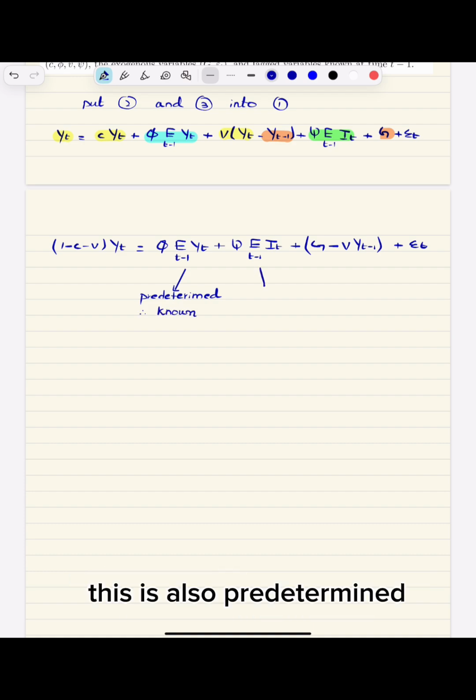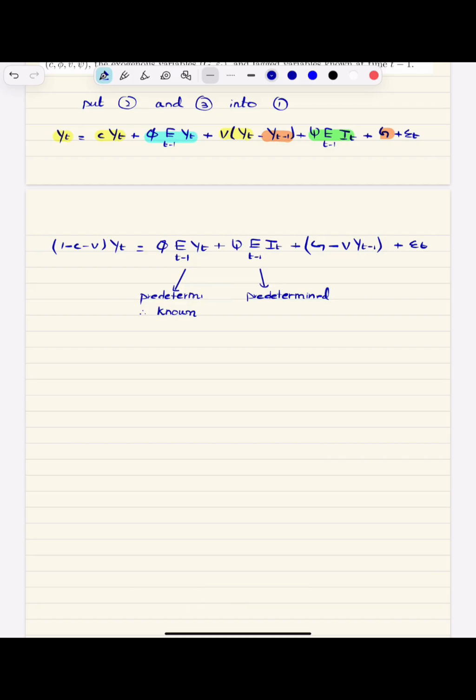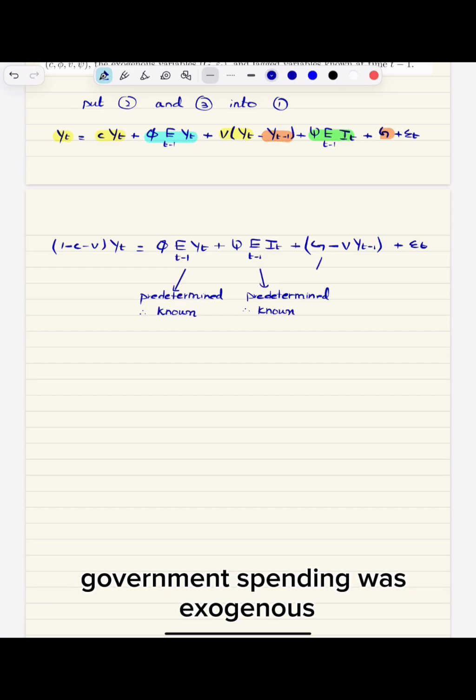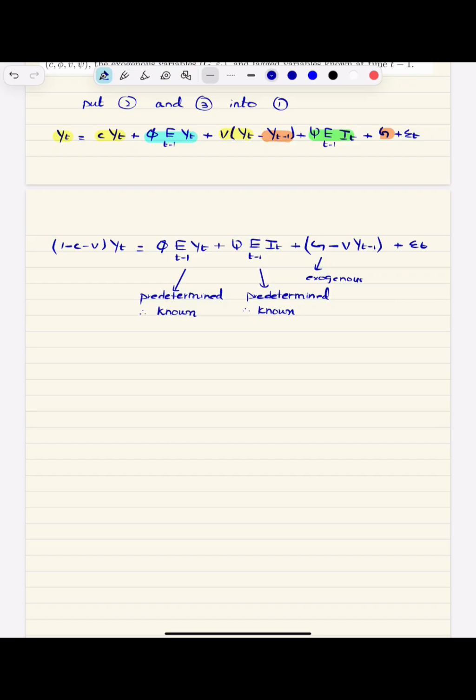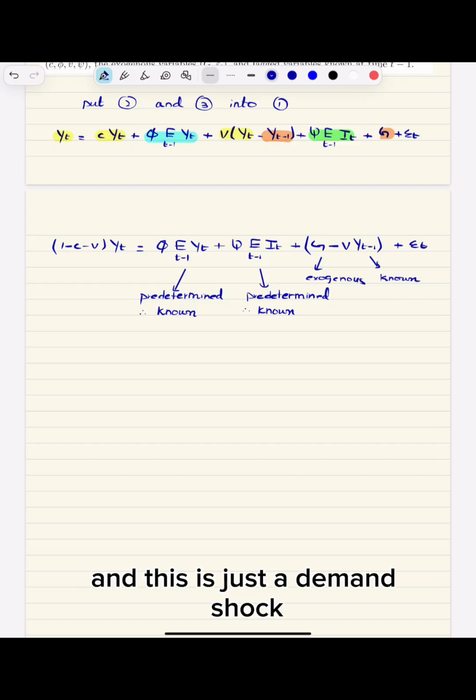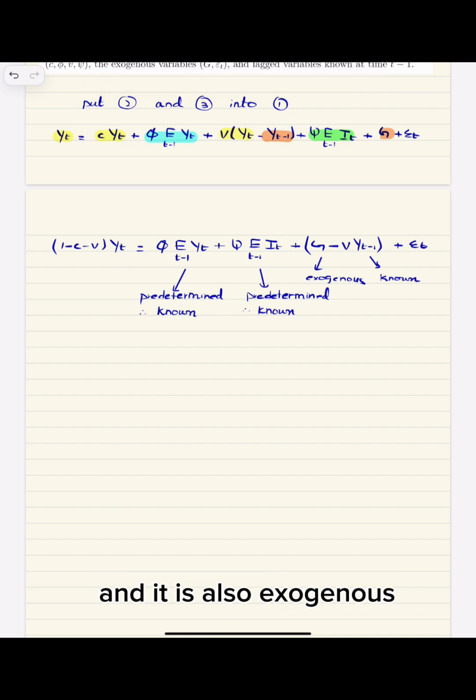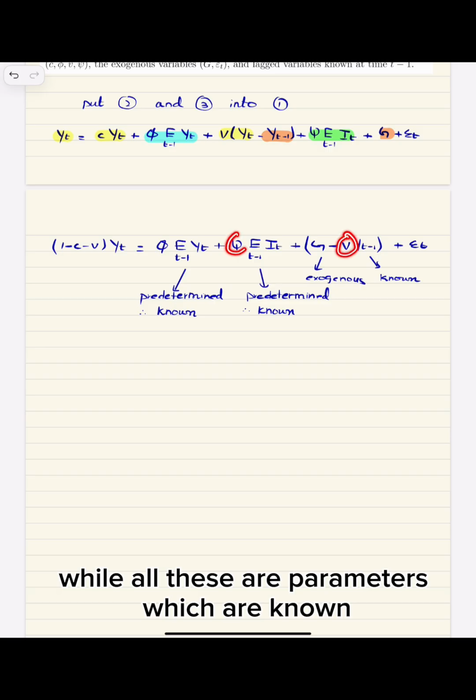This is also predetermined, and therefore it is known. Government spending was exogenous. This is a known constant, and this is just a demand shock, and it is also exogenous, while all these are parameters which are known.